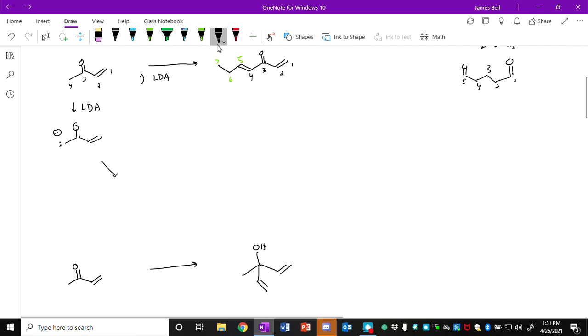So instead, I'm going to add 3 carbons here. Instead of adding the 3 carbons with just a leaving group, I'm going to add the 3 carbons with an aldehyde. Right? This is also a great electrophile. My strong nucleophile can attack it quite readily, push these electrons up.